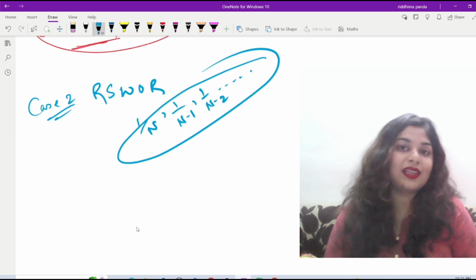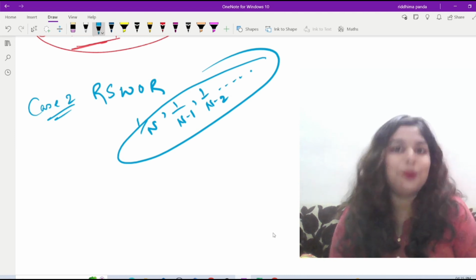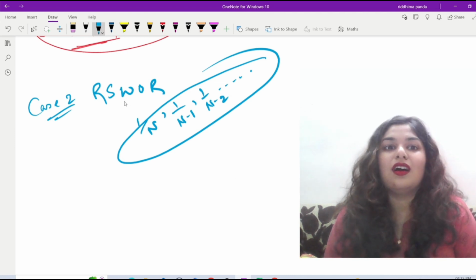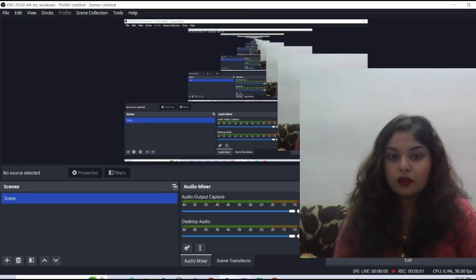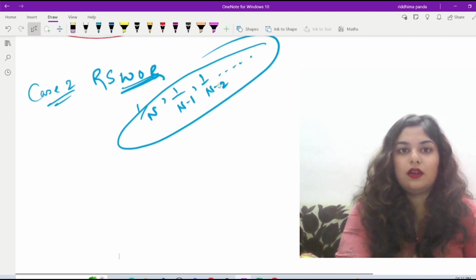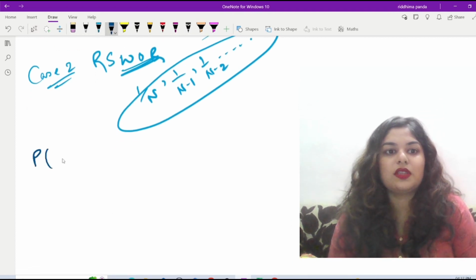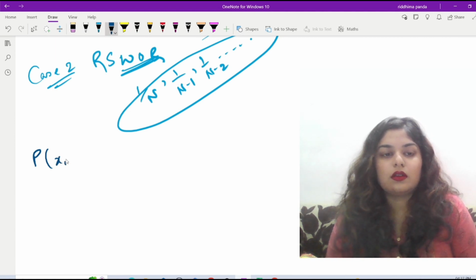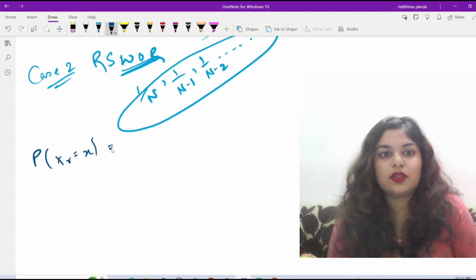So now let's see how we can calculate the expectation as well as the variance of the sample mean in case of without replacement. Here also, just as in case 1, we have E of x bar. The probability of selecting x from this is 1 by n.